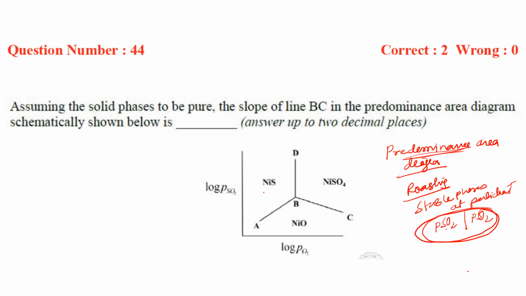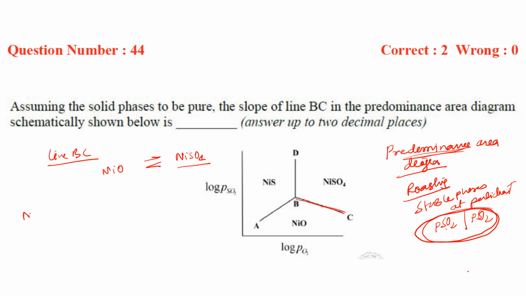So we need to find the slope of BC. The line BC shows the equilibrium between NiO and NiSO4. So what will the reaction be between NiO so that it is converted to NiSO4?